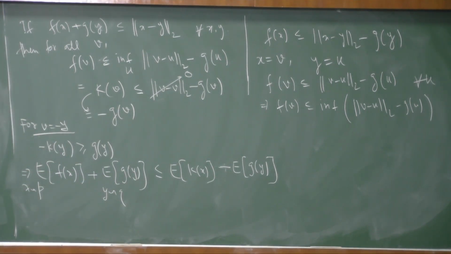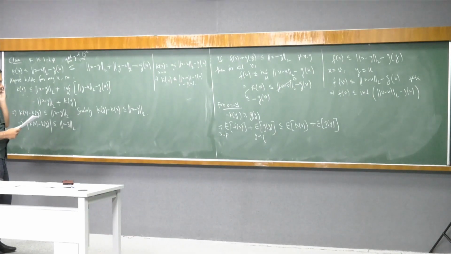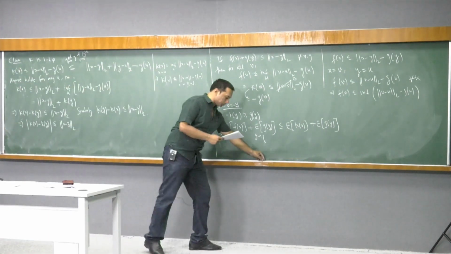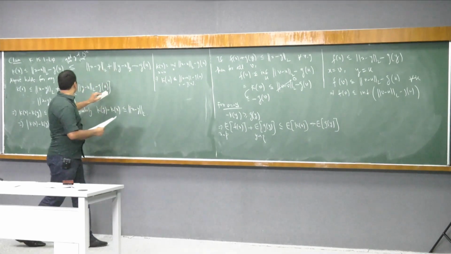Right. So then what we can say now about WPQ is that it is the supremum of these left quantities with fx plus gy less than or equal to this, and then that translates to the upper bound for the right hand side.